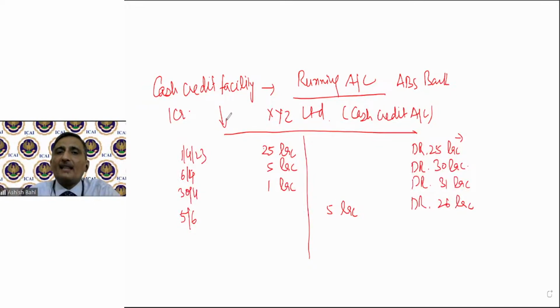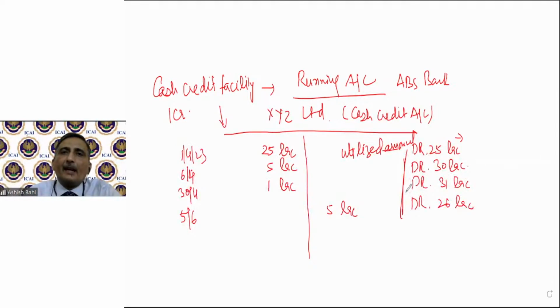He pays interest only on the utilized amount and not on the amount which has been sanctioned. Say if more payments come, then he would be utilizing his credit facility to a lesser extent, and the company would be paying lesser interest.